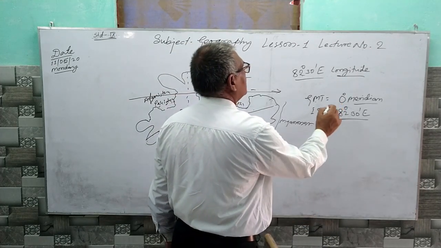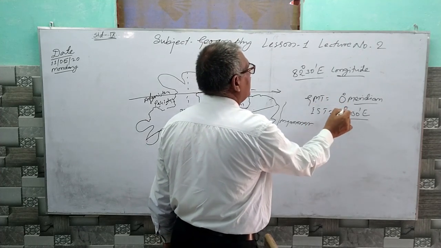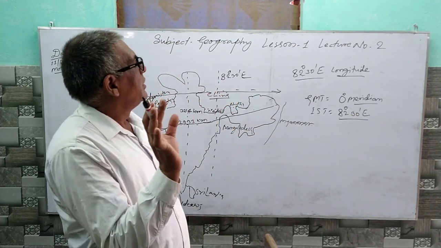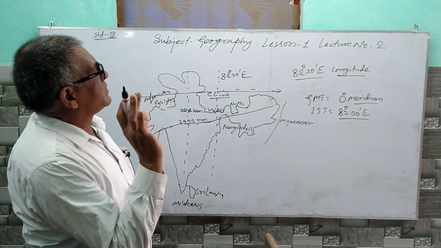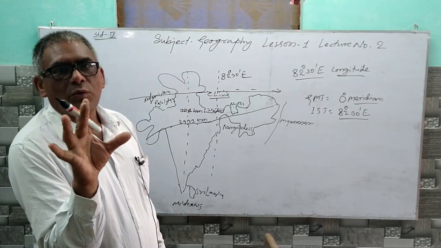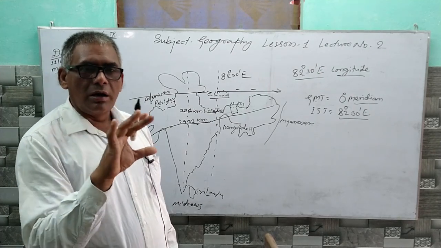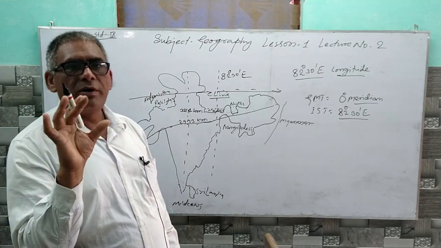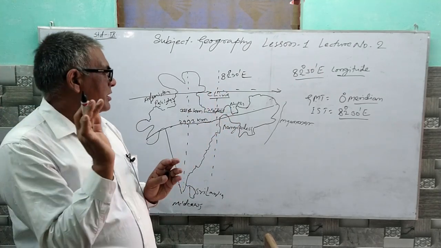As you watch the difference between the GMT 0 degree meridian and the 82 degree 30 minute east meridian, you will find that 15 degrees longitude means 1 hour, because our globe is divided into 24 time zones of 15 degree meridians each.